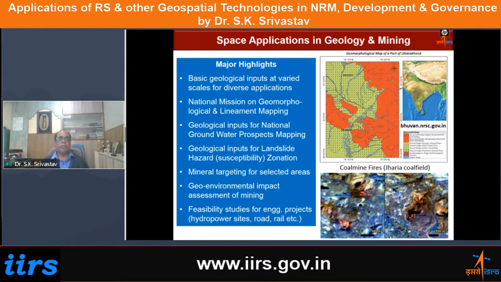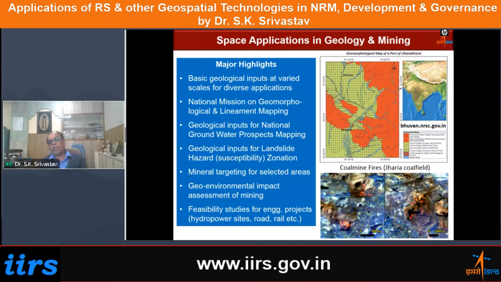Second application these days, which is very important, is mapping and monitoring illegal mines. If you have high resolution satellite images, one can always find where the mining is going on, and then on top of the image, you superimpose the leasehold boundaries which have been given to the companies for mining.